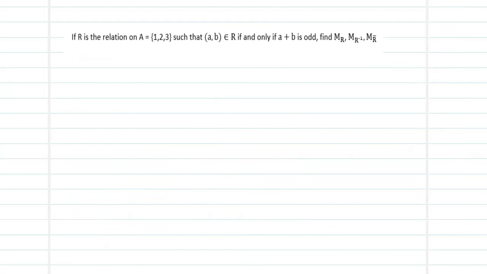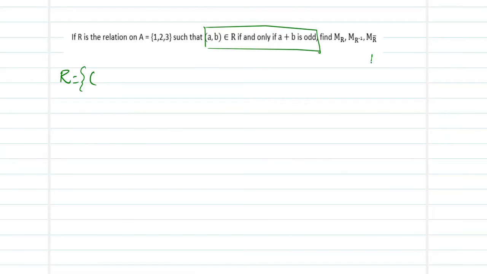If R is the relation on A = {1, 2, 3} such that (a, b) belongs to R if and only if a plus b is odd, find M_R, M_R inverse, and M_R complement. Now we have been given a rule by which this matrix has to be formed. So first I need the relation R defined on my set A. What will be the collection of elements that give me an odd sum when added?